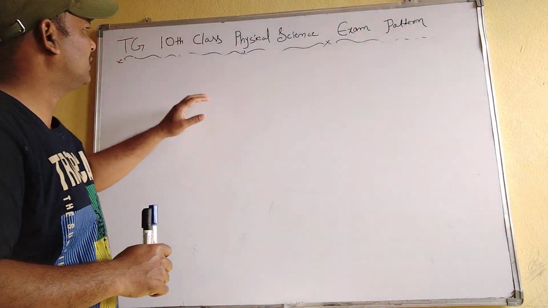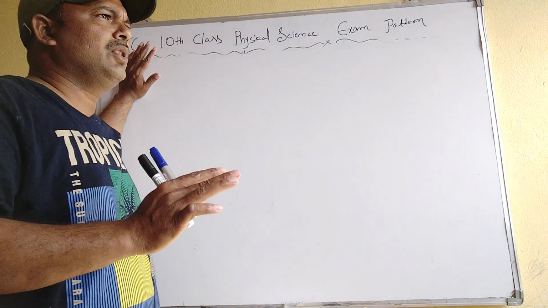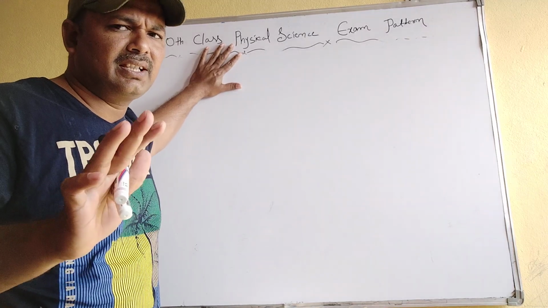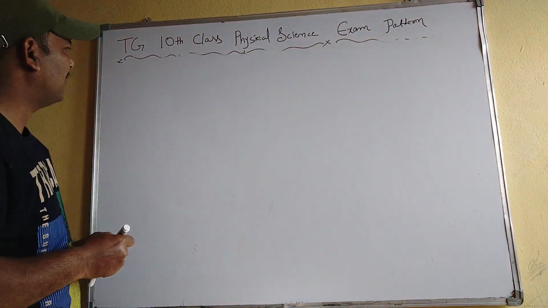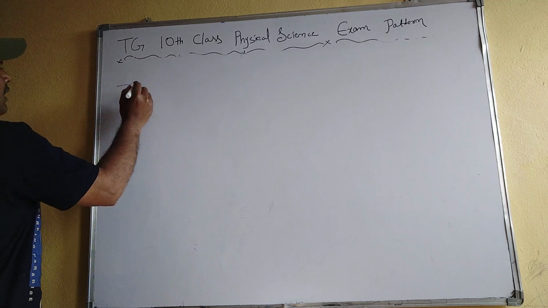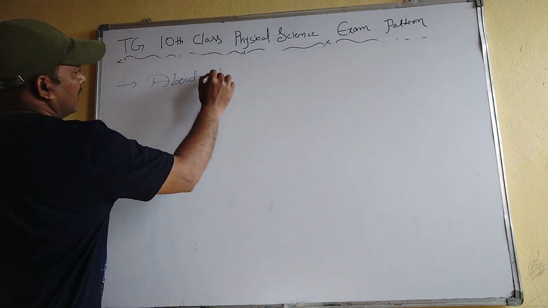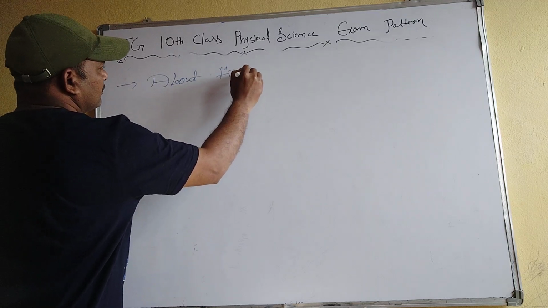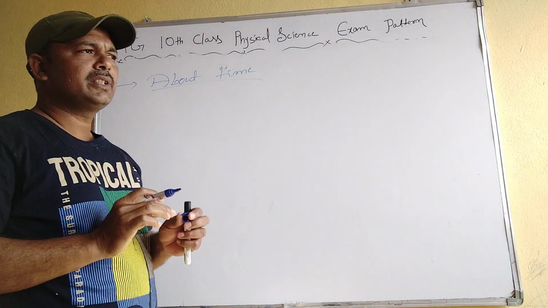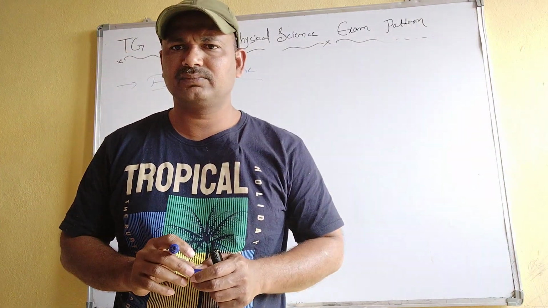So here we see the Telangana 10th class board examination physical science examination pattern, right? First of all, we discuss the time, how much time the examiner gives to write the examination.